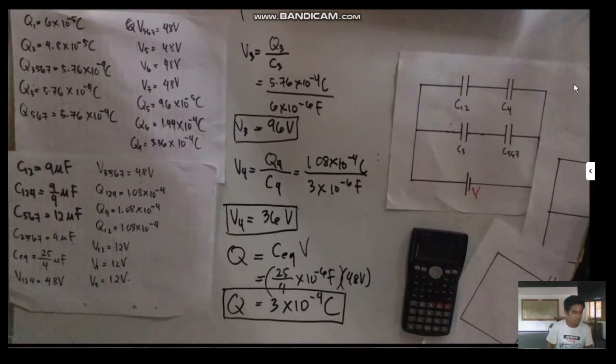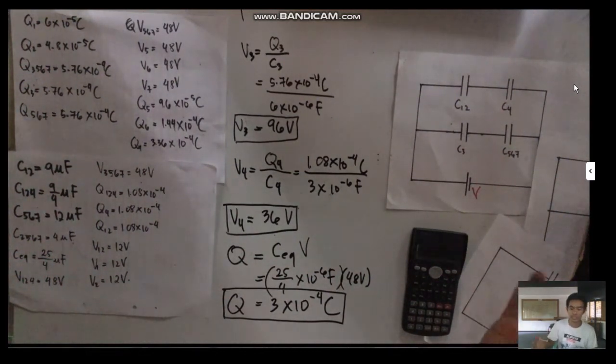Okay, so let us check what is missing. Let's start with the charge of every capacitor. There are 7 capacitors, so it should have 7 charges. We start at Q1.